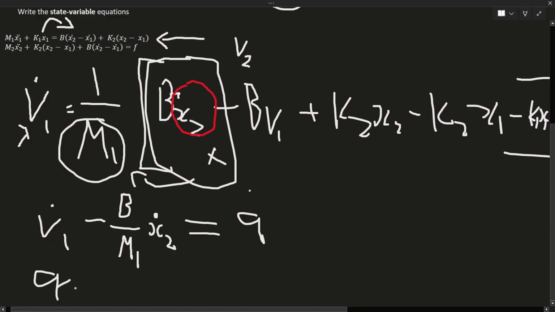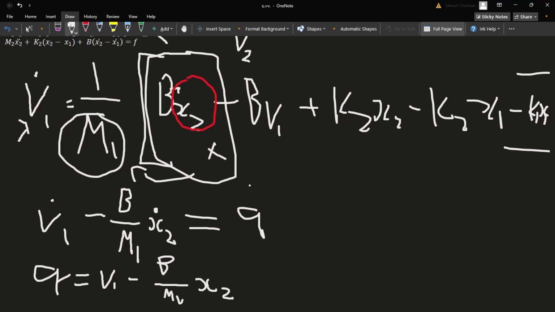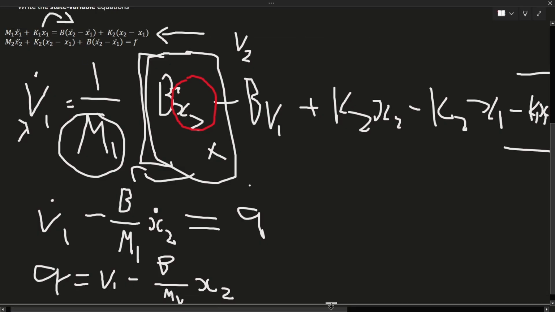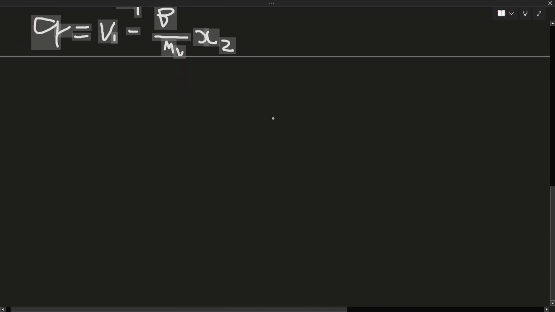We're going to set a new state variable called q, and we have to define this without using derivatives. So it's just going to be equal to v1 minus b over m1 x2.